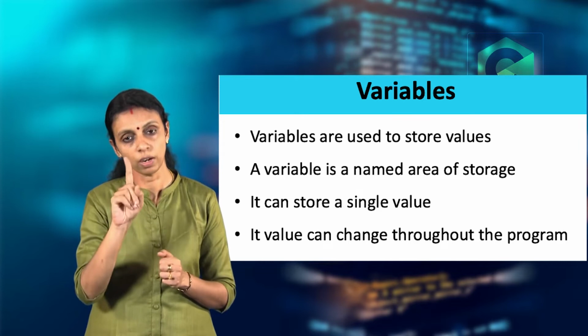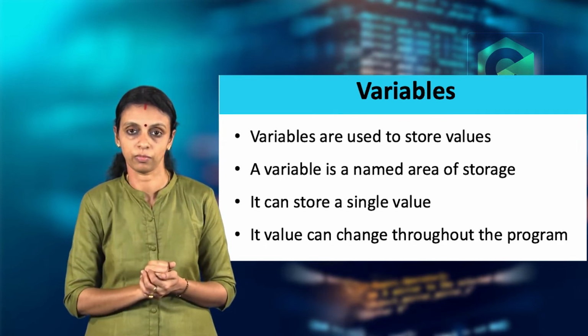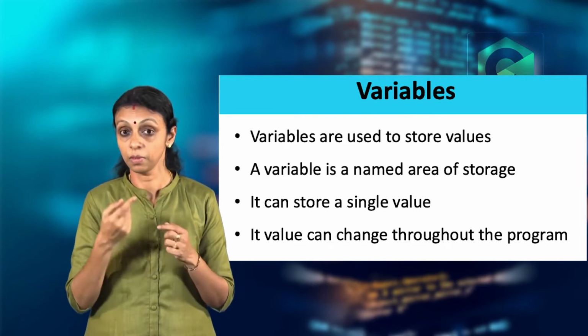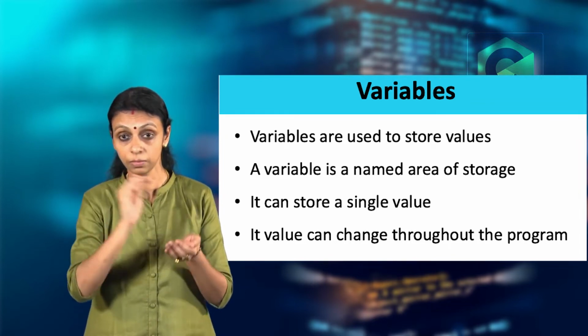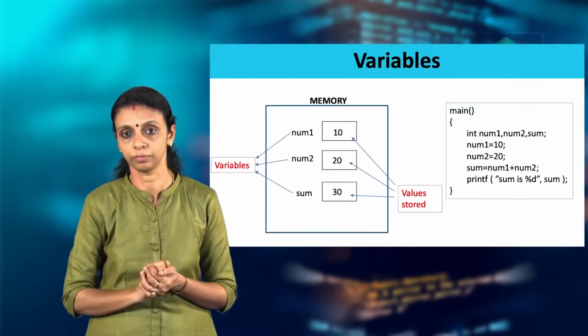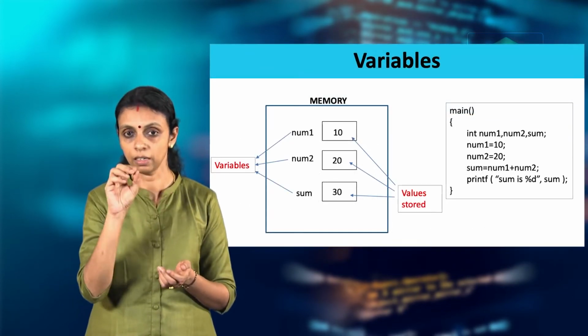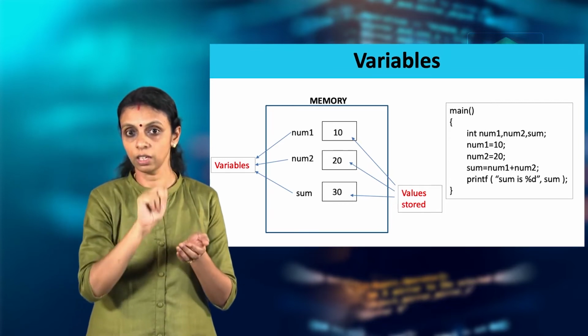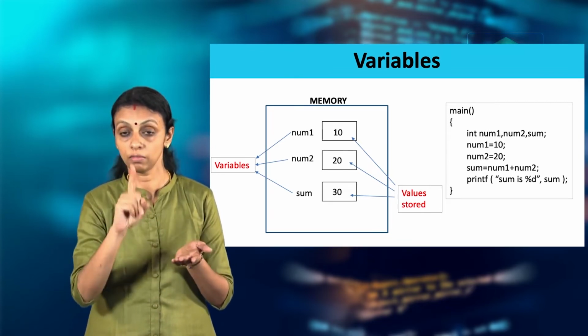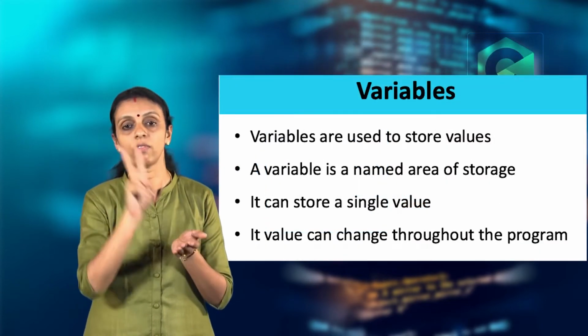That is, you cannot store more than one value in a variable at the same time. You cannot store 10 and 20 in the same variable num1. One variable can store only one value.